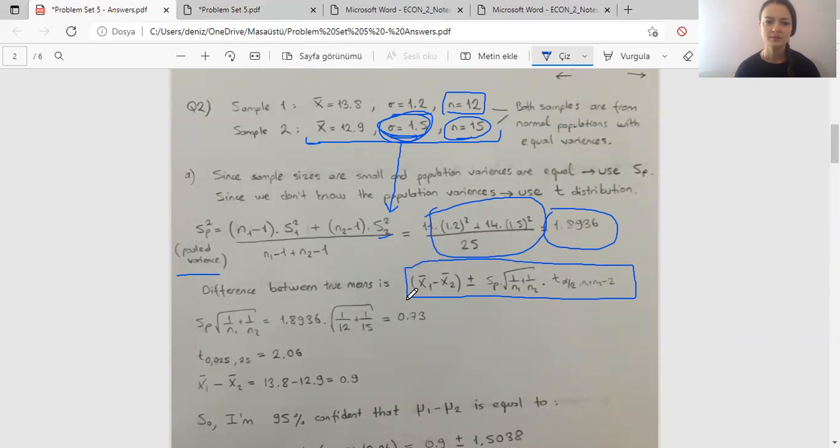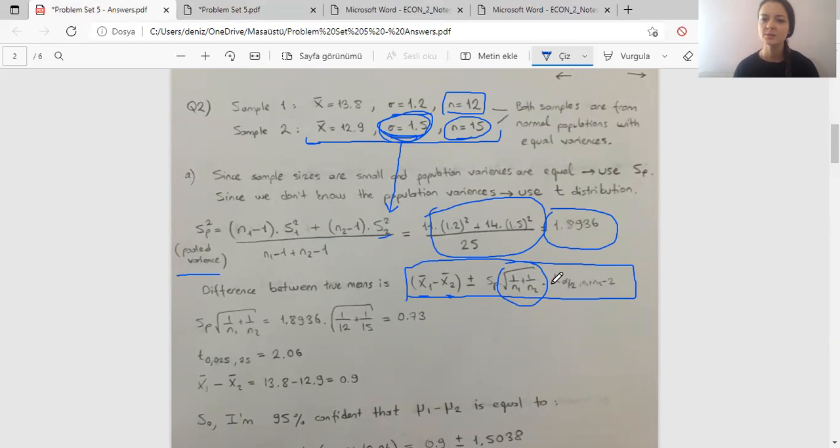Now, the confidence interval formula includes this. We need to find an interval in which the difference between the true means can be. It is the difference of the sample means, plus or minus the pooled standard deviation times the weighted average of our sample sizes times our t value.